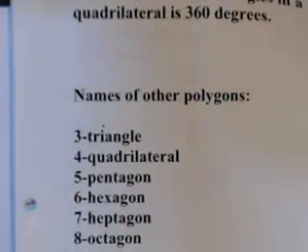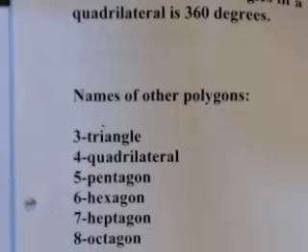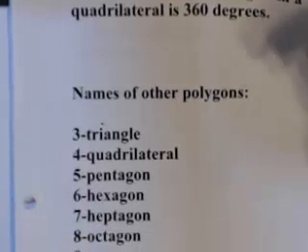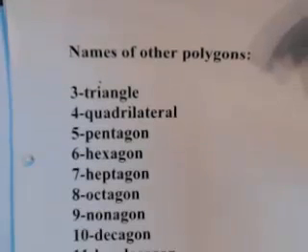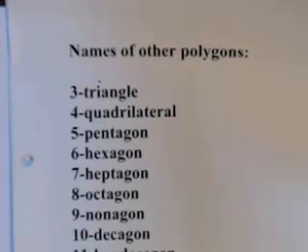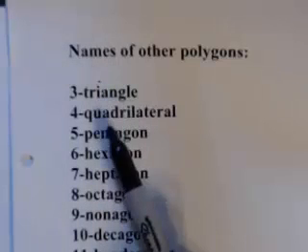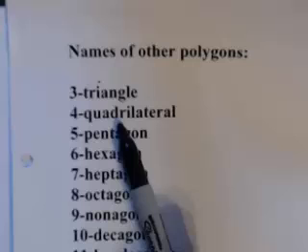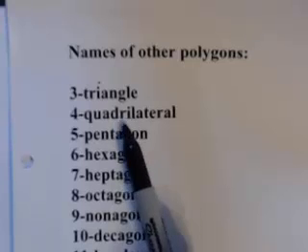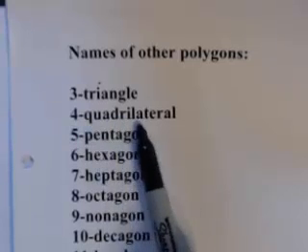In your textbook on page 17, you can see the prefixes that go along with the number of sides that a polygon might have. Tri meaning 3, quadra is what we use for the name of a 4-sided shape, quadrilateral.